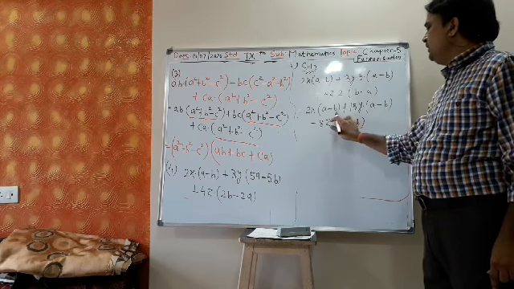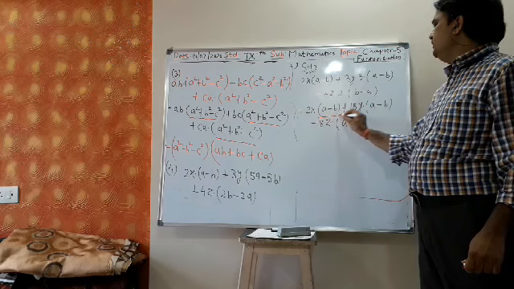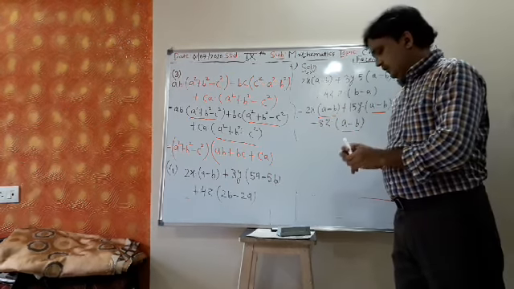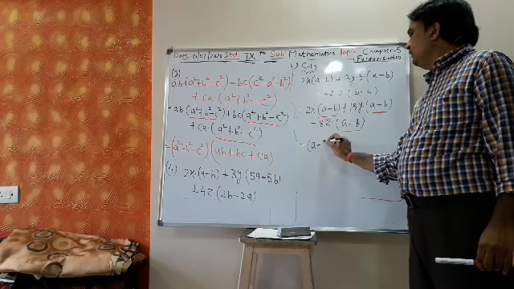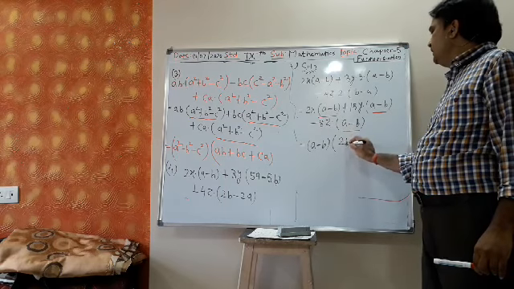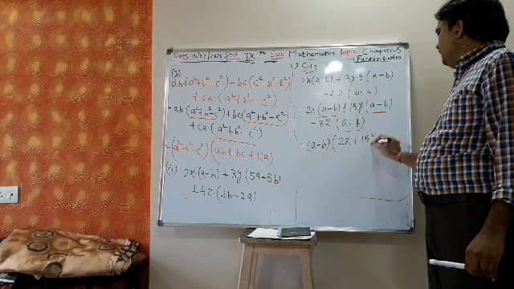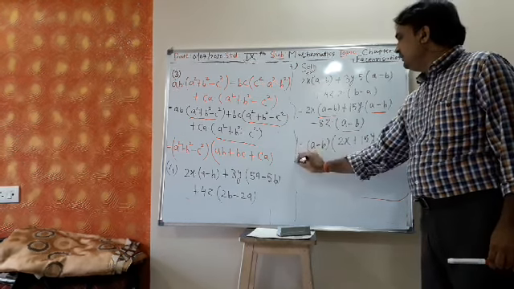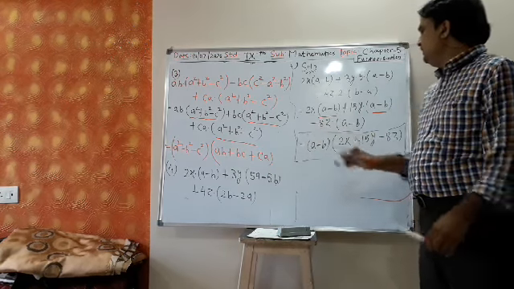Now in all three terms, take the common factor a minus b. When I take a minus b common, what is left in the bracket? First term 2x, second term plus 15y, minus 8z, and this is the answer: a minus b into 2x plus 15y minus 8z.